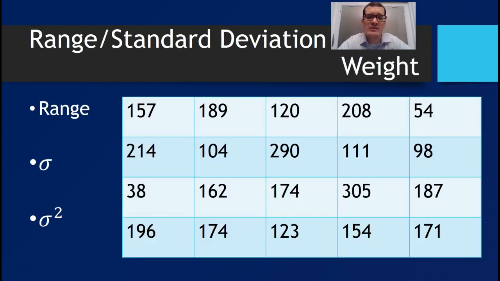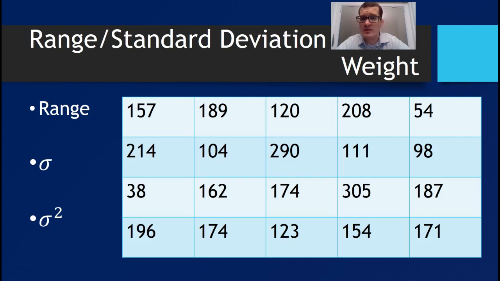But as far as calculations go, when we get an example like the weights of people at the grocery store, we're not going to spend all day calculating out the standard deviation and the variance and things like that. We're going to turn back to our calculator, okay?